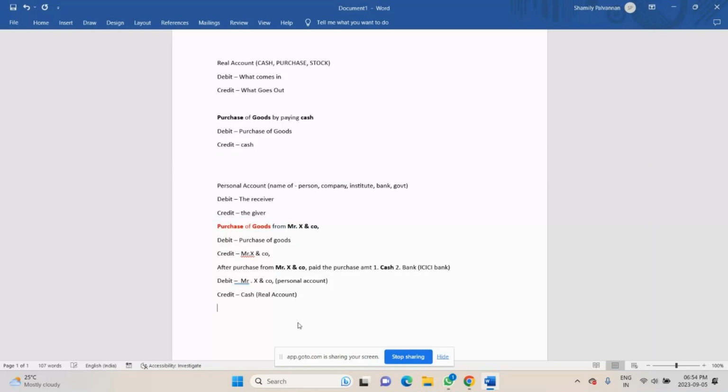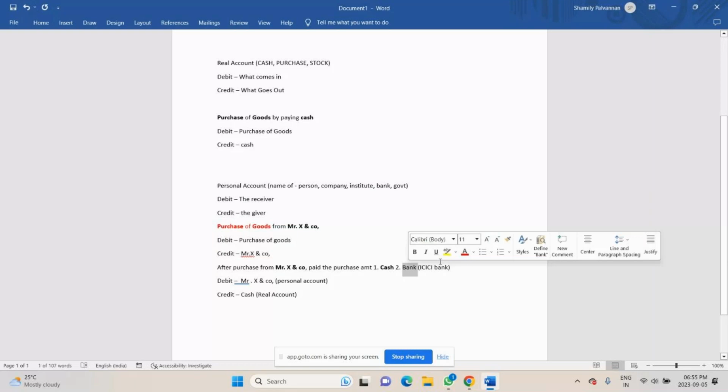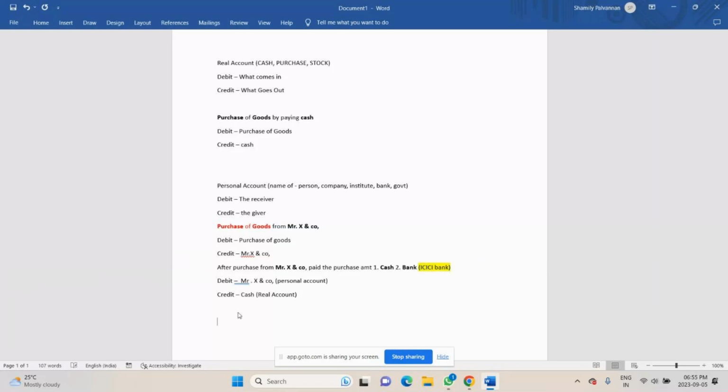At the same time, if I'm paying through the bank, what happens? Again, the same concept. We will use a debit and then a credit. Debit the receiver, the person.